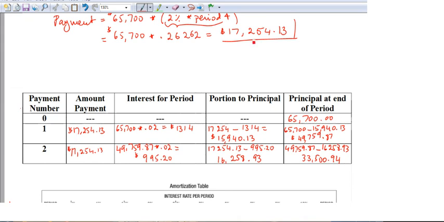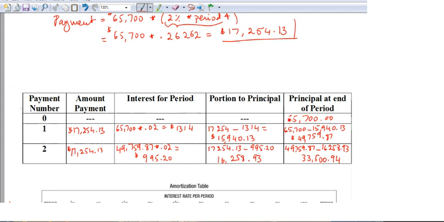The payment is the same, $17,254.13, for both periods. For this first payment, the interest is 2%, because for each period we pay 2% interest on the whole amount that was already given as a loan.